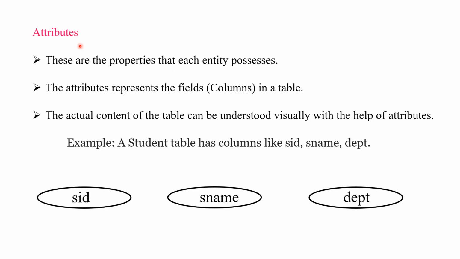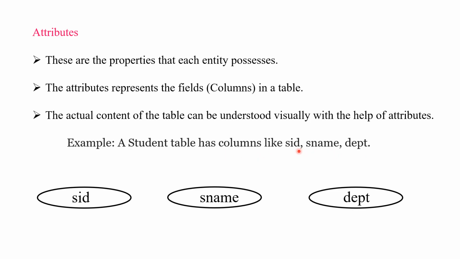So coming to the attributes. The attributes are the properties that each entity possesses, as we have discussed just now. The attributes represent the fields or columns in a table. So here an entity is also called a table, and the actual content of the table can be understood visually with the help of the attributes. As we have discussed just now, a student table may have columns like SID, SNAME and department.